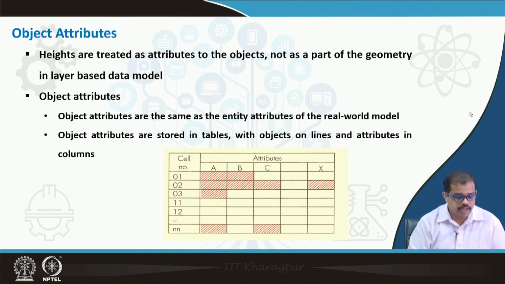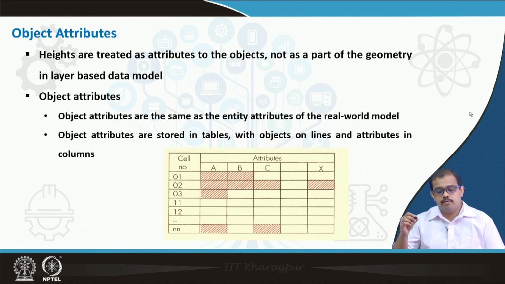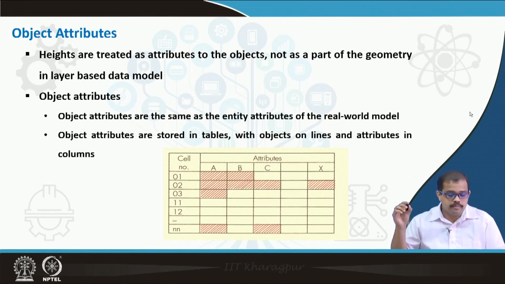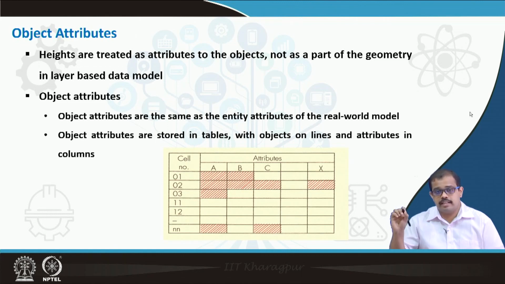Object attributes are the same as entity attributes of the real world models. That is what I said, object and entity go hand in hand. Object attributes are always the same as the entity attributes. Object attributes are stored in tables with objects as lines, which everyone has to understand: objects in rows and attributes in columns.